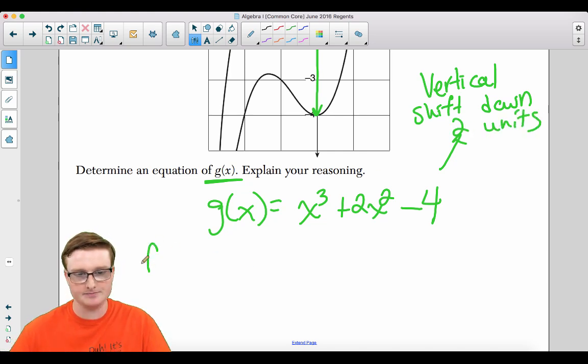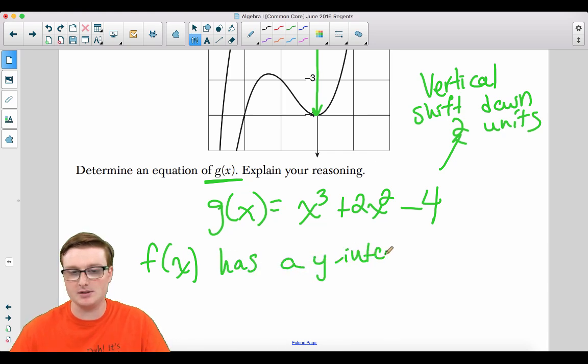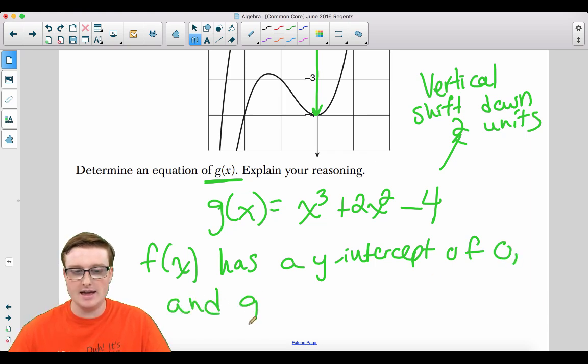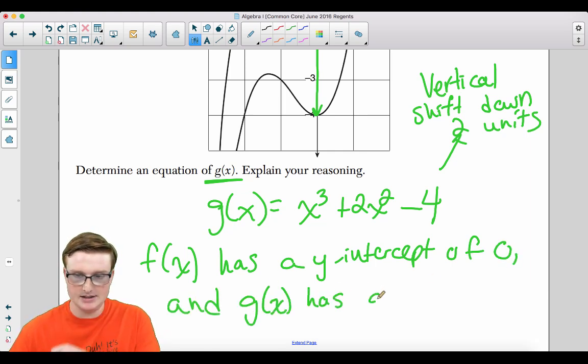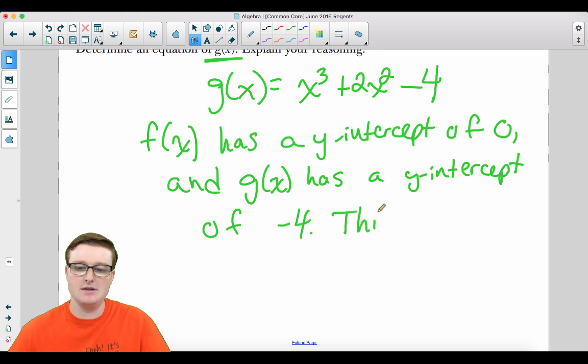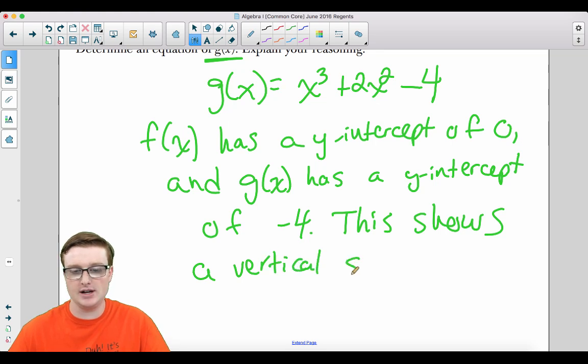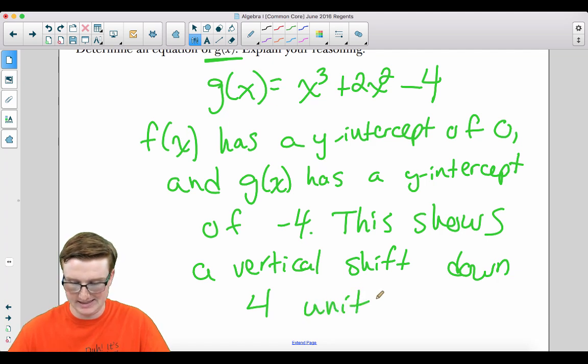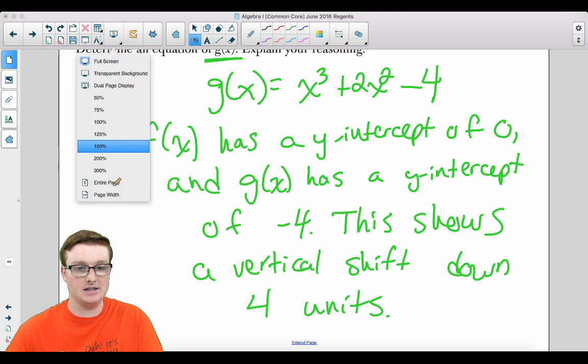So we're going to say that f of x has a y-intercept of 0, and g of x has a y-intercept of negative 4. This shows a vertical shift down 4 units. And that's it. Cool. All right, that's how you do that question.